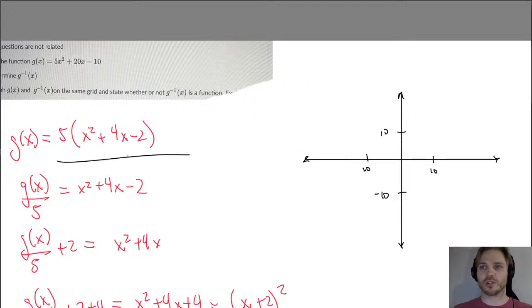So it will also be for the full thing. So if I plug in negative 2, I get negative 2 squared, which is 4, minus 8 minus 2 is negative 6. Is that right? No, that can't be right. Negative 6 times 5 is negative 30.